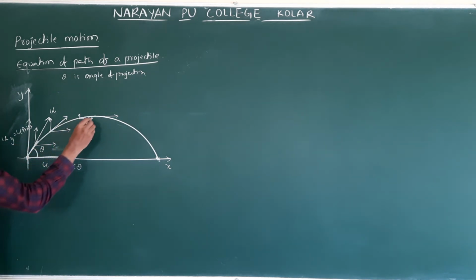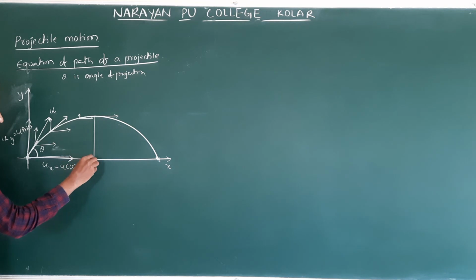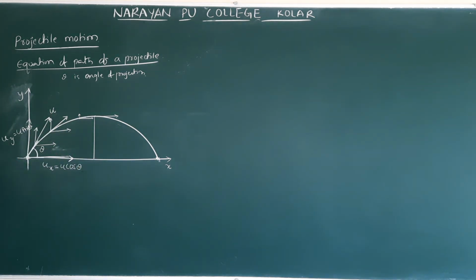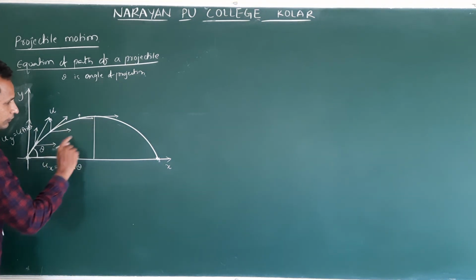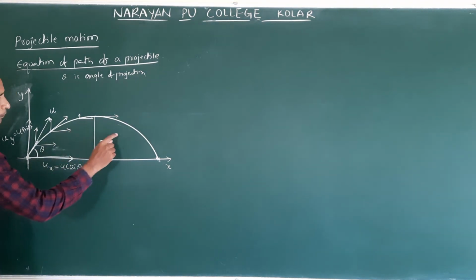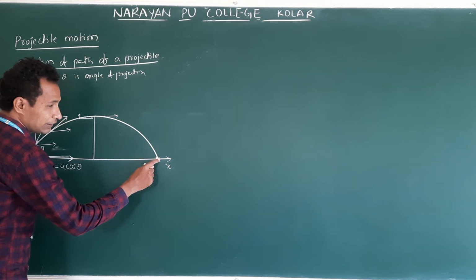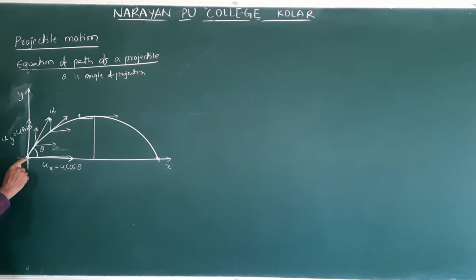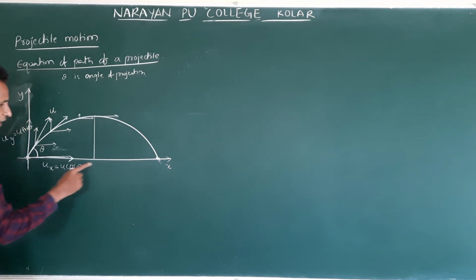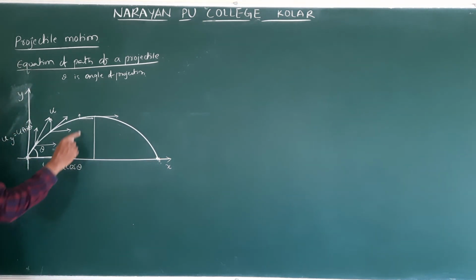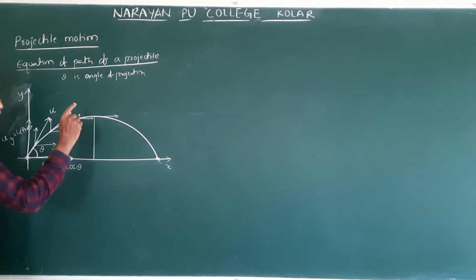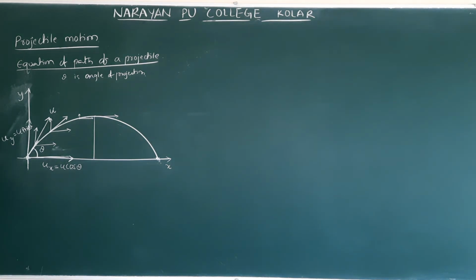Due to this projection, it rises to a certain height from the ground. Understand? So in this motion from the point of projection to where the body hits, what happened? Initially it is here, finally it is here. It has a horizontal displacement, and in this journey it has vertical displacement.